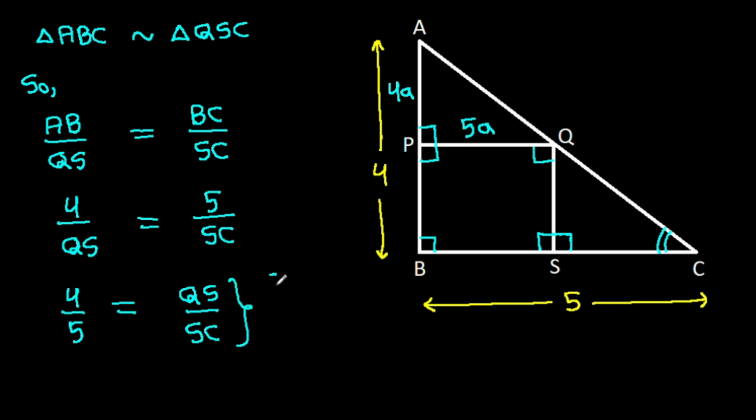That means if QS is 4B, then SC will be 5B.